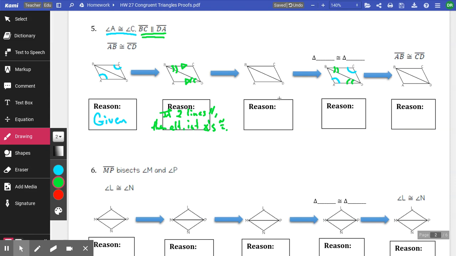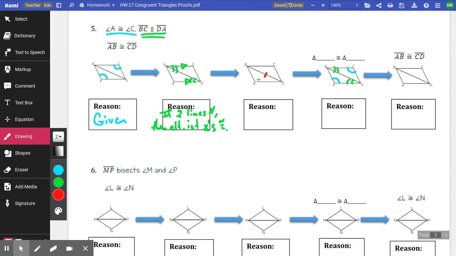Okay. And so we just need one last pair of information. It has to be a segment because we already have two pairs of angles marked. So we're either going to use angle, angle, side or angle, side, angle. And it has to be a guaranteed piece of information. And so if you recall, a guarantee that we always have is that if two triangles share a side, remember that side is going to be the same size for each triangle.